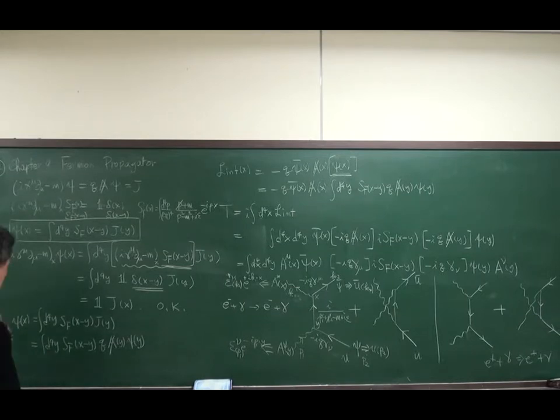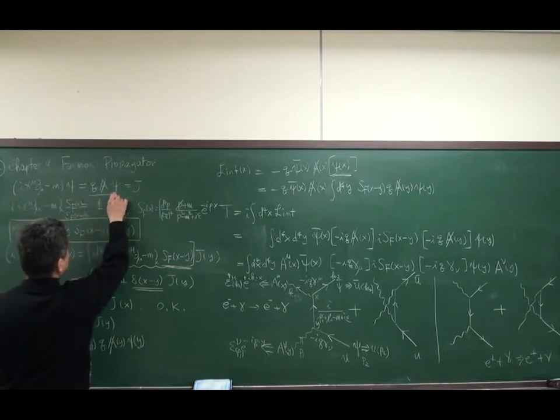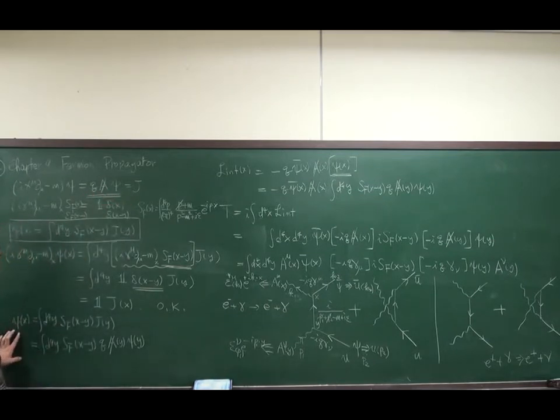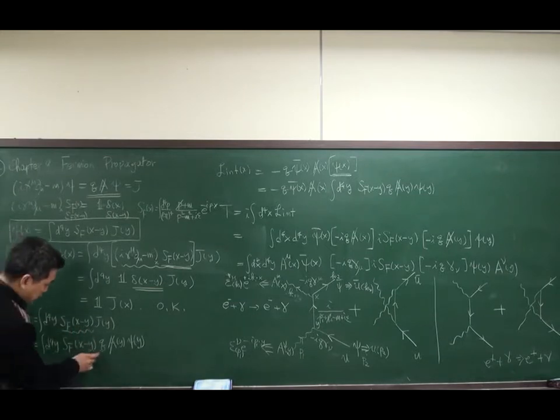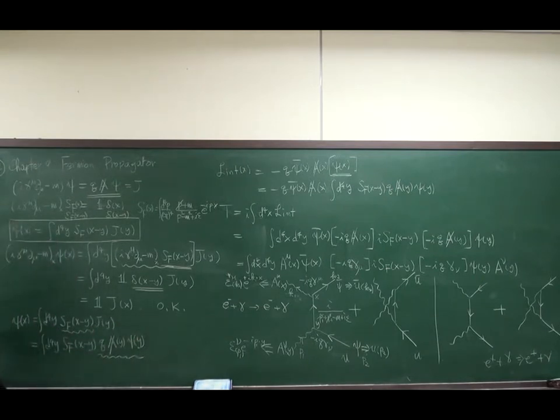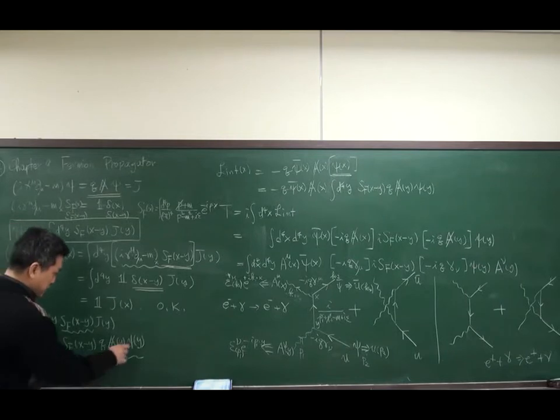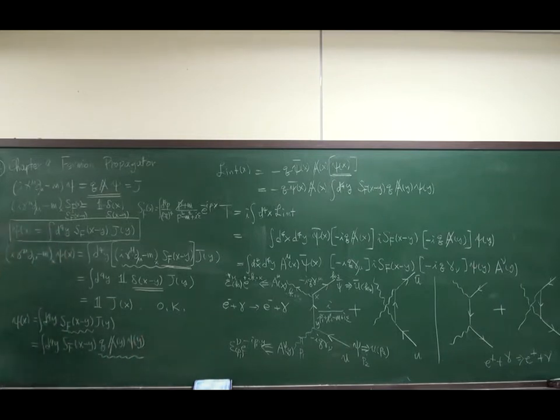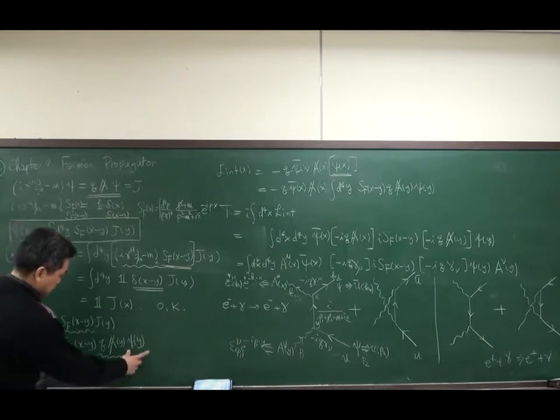So psi of x is now re-expressed by substituting the full expression for the current j(y). I have the Fermion propagator and this vector. This x and y are different. This one clearly shows that there is a Fermion state.